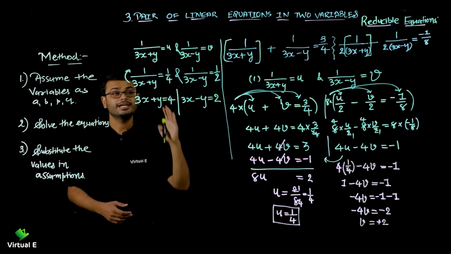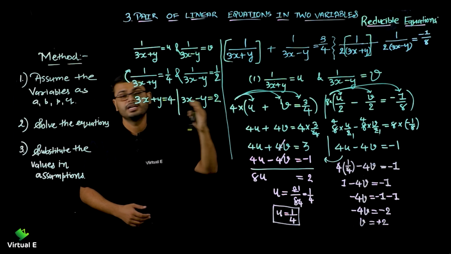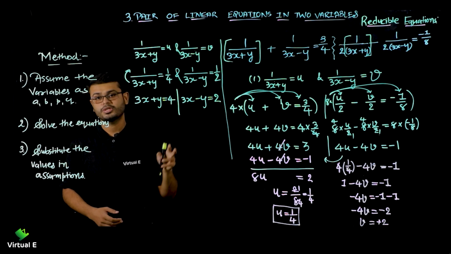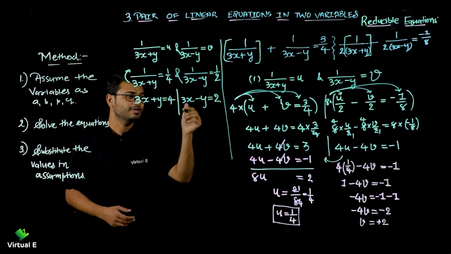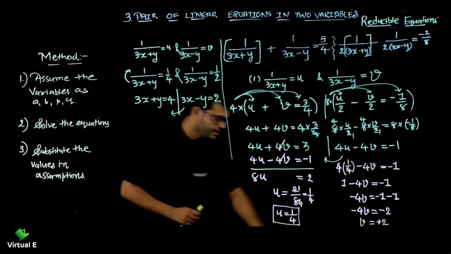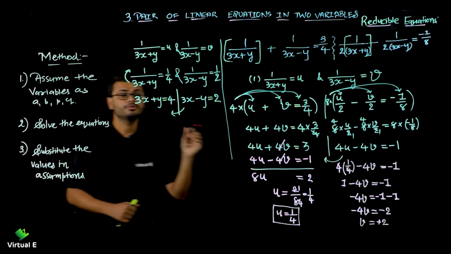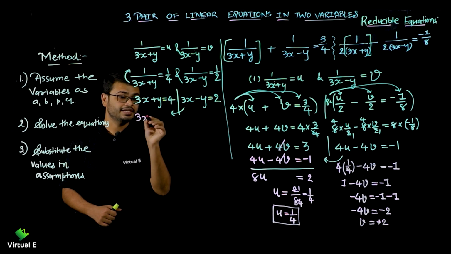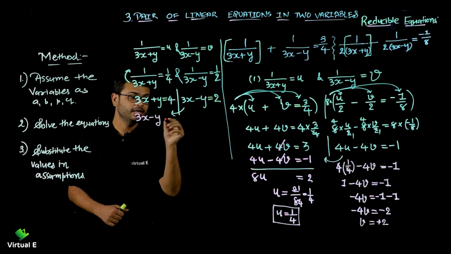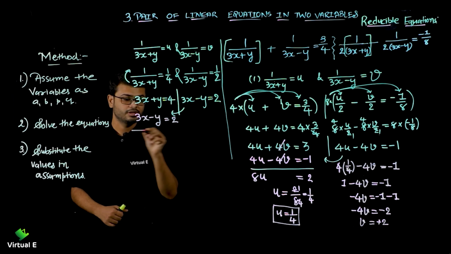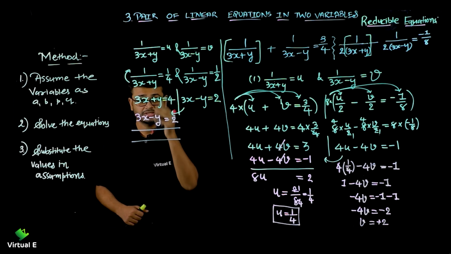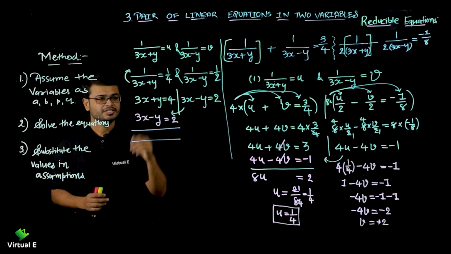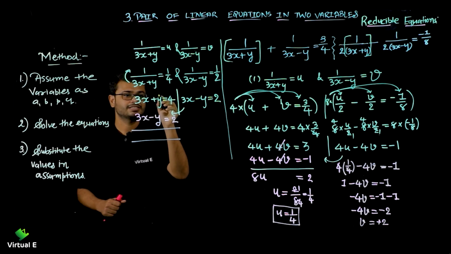We are not getting a direct answer for x and y; we still need to solve these two equations. Let me write this below it. You'll get an idea which method we are going to use: the elimination method, because this is plus y and minus y, so they will cancel each other.